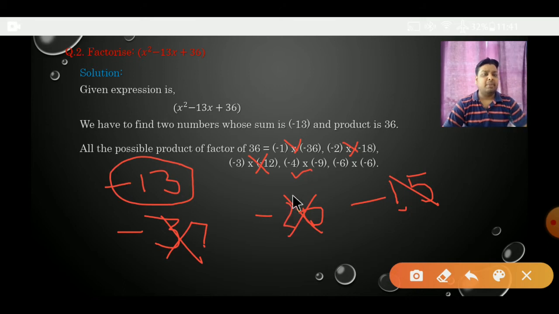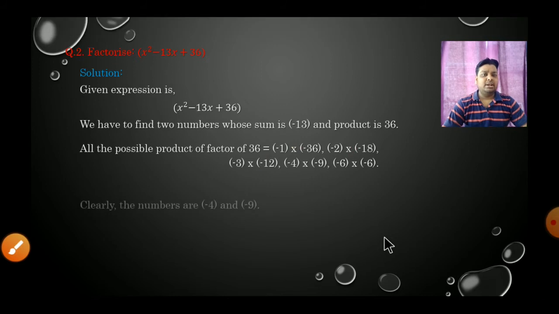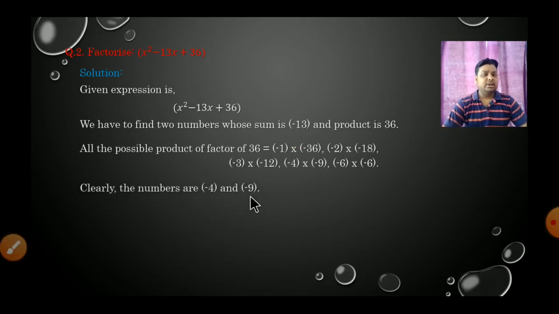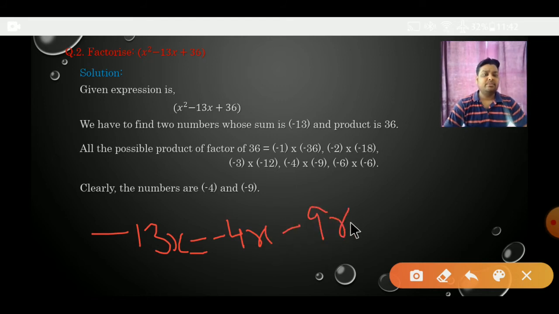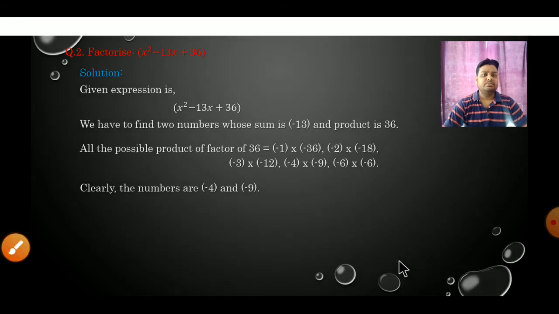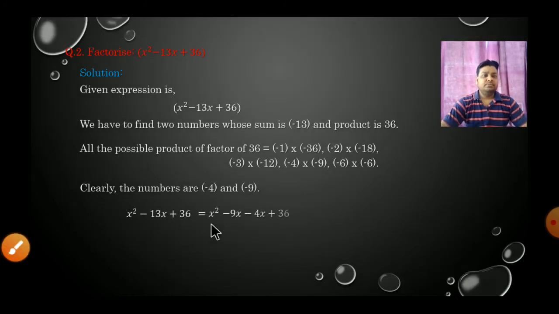It means minus 4 and minus 9 are such numbers. So clearly such numbers are minus 4 and minus 9. Now we can write minus 13x as minus 4x minus 9x, or minus 9x minus 4x.